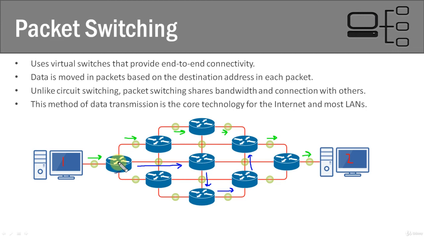And so what this allows us to do, let's say that we have a computer set up over here on the bottom, and they want to use this wide area network. Well, they can use it as well while we're using it. And maybe there's one up here, or maybe there's one connected right here as well. Again, they can use it as well. And so we have shared bandwidth, and we share this circuit. So that's why we call this a virtual circuit.